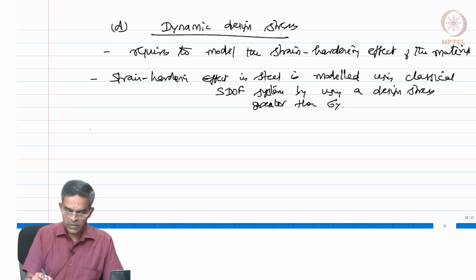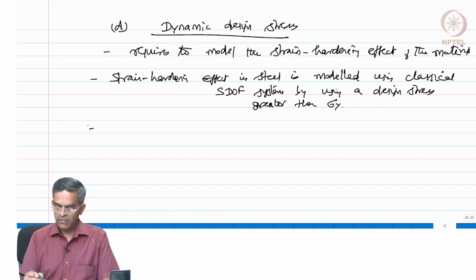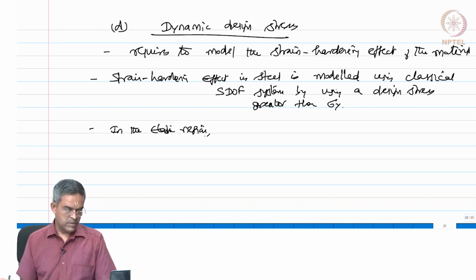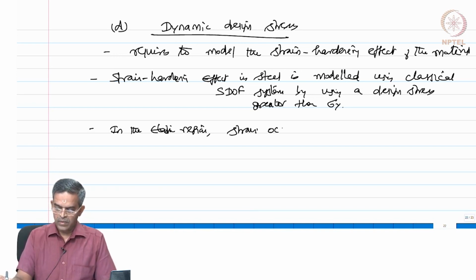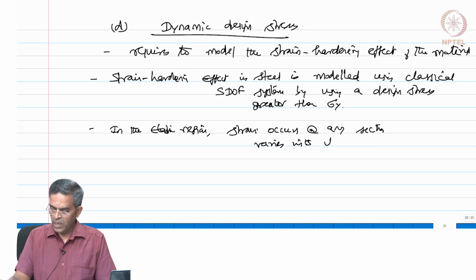During the dynamic response, the stress level of critical sections vary with strain of the section, we all know that. So, in the elastic region, strain occurs at any section and varies with its location from the neutral axis. We all know that, okay.